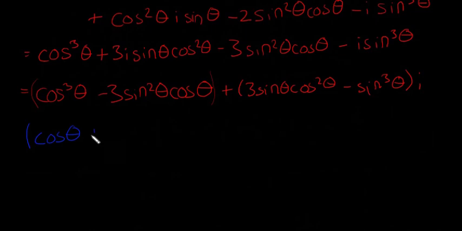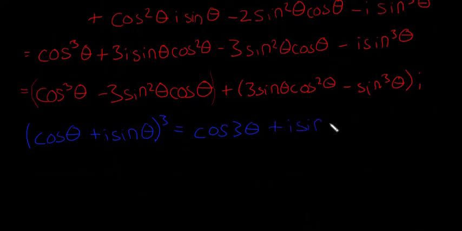that cos theta plus I sine theta cubed is going to be equal to cos 3 theta plus I sine 3 theta. And we know that because that's de Moivre's theorem basically. Okay, so now we're going to look at identities.